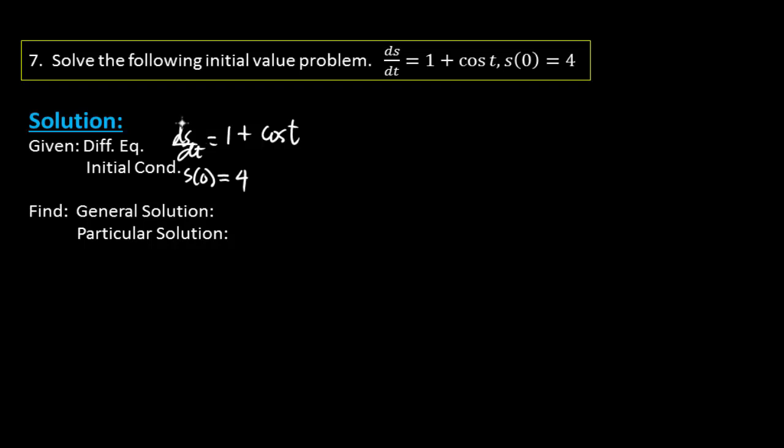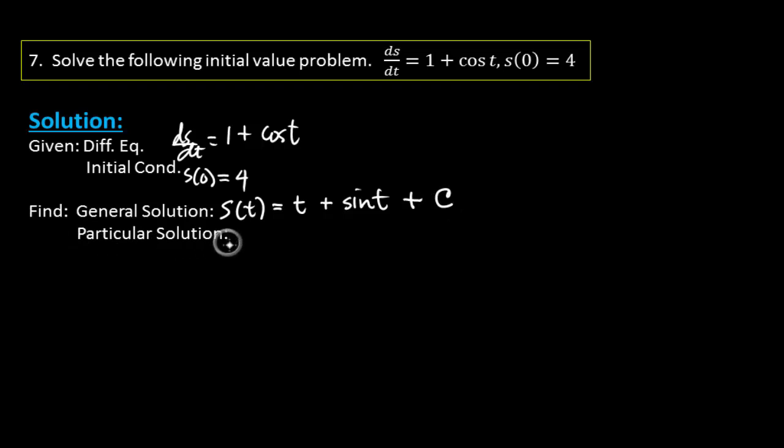What is the antiderivative of a derivative? You just get back the original function. So s of t is equal to, what's the antiderivative of 1? t. What's the antiderivative of cosine of t? Sine of t. But this is the general solution, so we always add the arbitrary constant c.